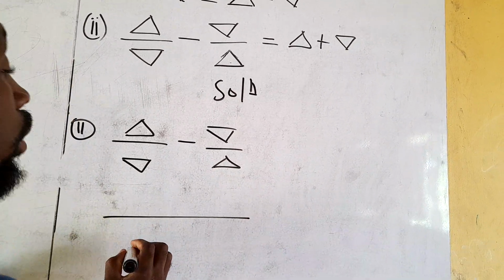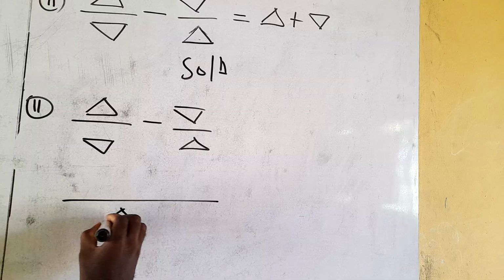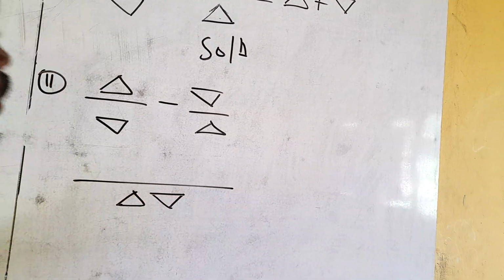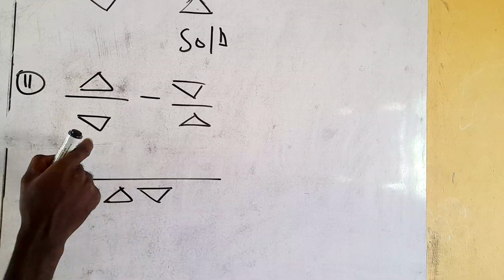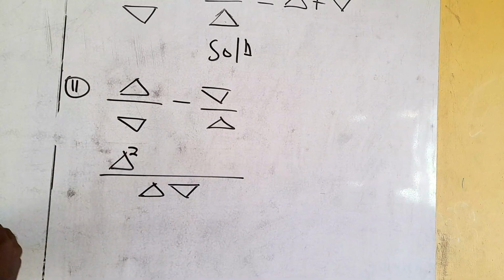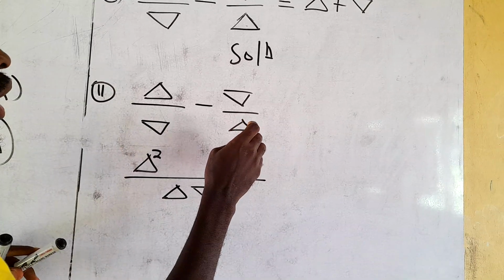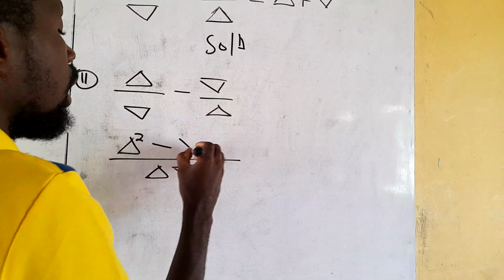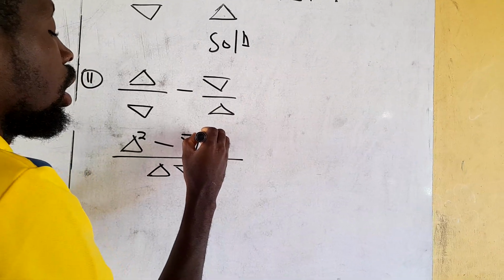So the LCM is nabla delta, or delta nabla, it is the same thing. When nabla goes here, divides this, we have delta. Delta times this will be delta square. I hope you get that. When delta goes here, we have nabla. Nabla times nabla will be nabla square.